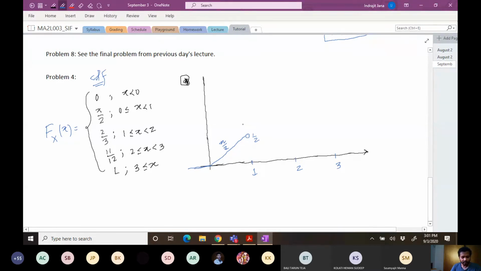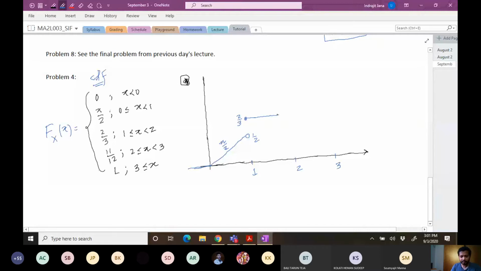Now when x hits 1, it bumps up to 2/3. So this height is 2/3. I put a solid mark there, and this goes till the number 2, but 2 is not included, so I put an open ball there. And then from 2 to 3, it is 11 over 12.